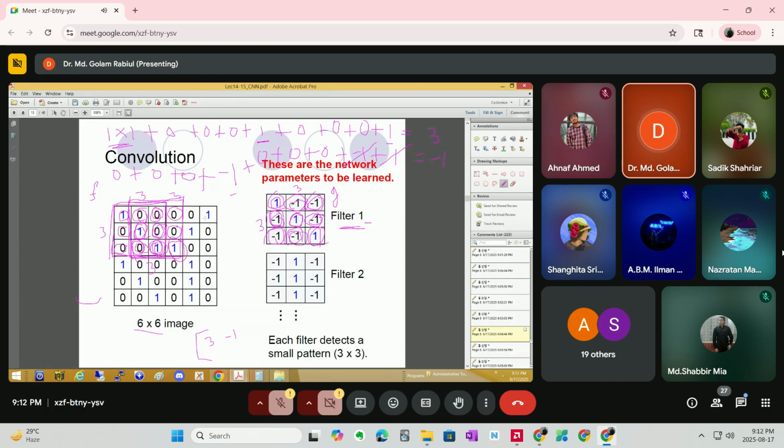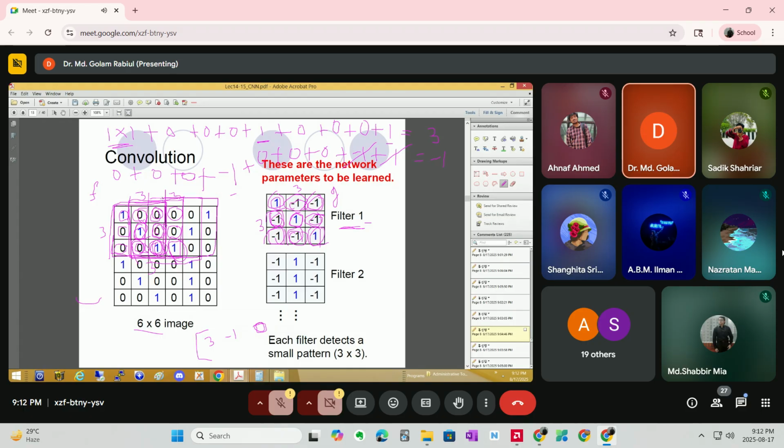In this way, again we have to shift 1 bit. Maybe after that we will get this patch, and again we have to perform the convolution operation. Then we will get some value here, and then again we have to shift. Maybe this time we can shift it here.